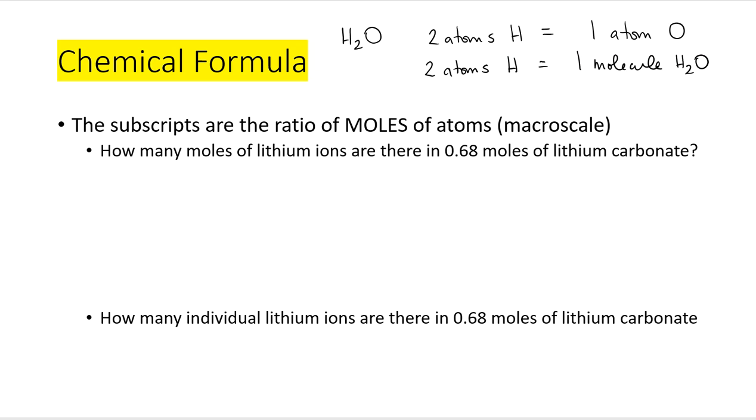Now, if we scale both sides by Avogadro's number, we get up to the macro scale, and then we're in terms of moles. So now not only are the subscripts the ratio of the atoms, but they're the ratio of the moles of the atoms. So in this water again, this right here is micro. Let me switch to a different color and I'll start talking about macro. I'll do it in this pink.